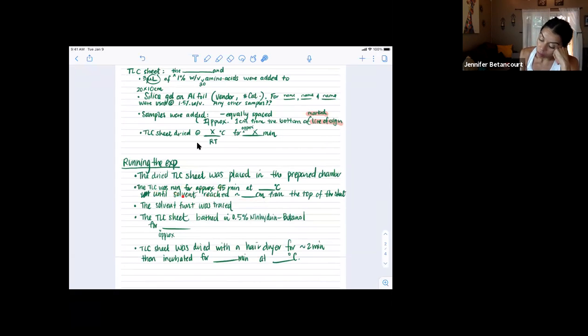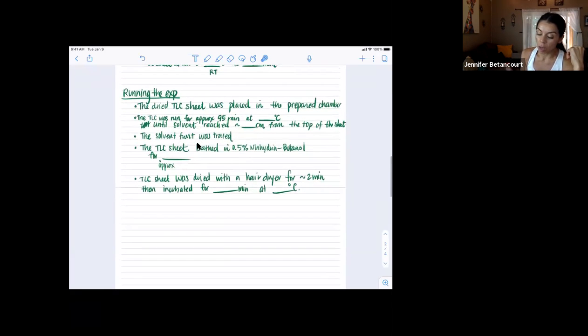At least up here, we were waiting for the solvent to reach approximately 1 centimeter from the top. So the minutes and the time in the incubator are kind of arbitrary. What we're really looking for, you can even use the same phrase, is until spots are fully developed.